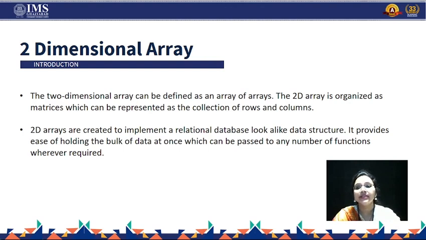It provides ease of holding a bulk of data at once, which can be passed to any number of functions whenever required. So we use arrays to ease our work because they provide a bulk of memory to store a bulk of data.